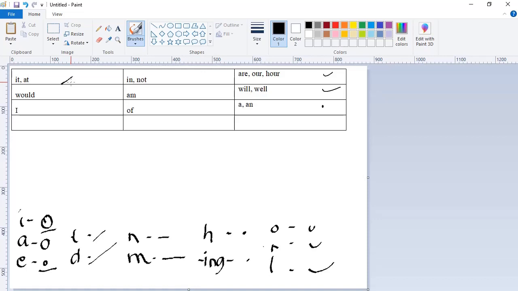So, depende yon. Common sense na naman yan. Ano ba yung example? This is it.